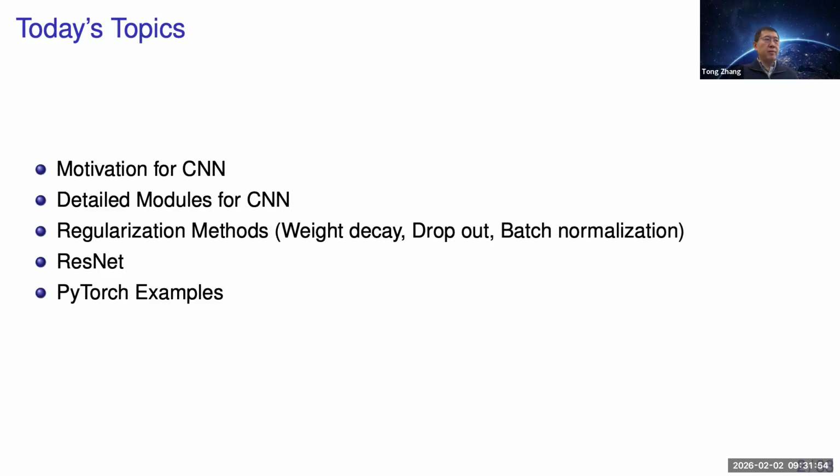And throughout the lectures, we will have some PyTorch examples, just so that you can work with that. Okay, so basically this is what we are planning. So let's move on.